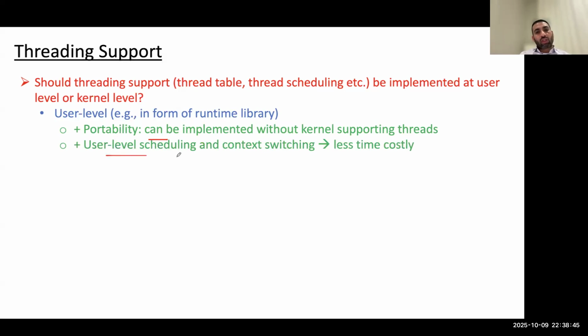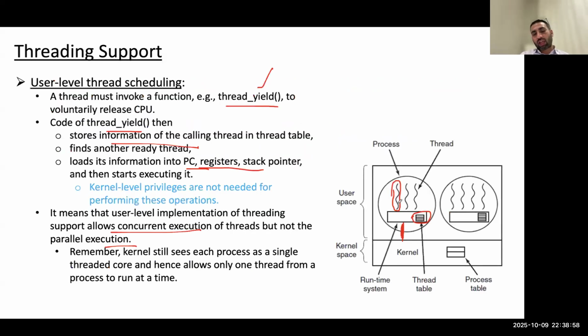The other thing is user level scheduling: for scheduling and context switching, we don't need to trap into the kernel. As I explained in the previous slide, say this is thread one and this is thread two, and both belong to the same process.